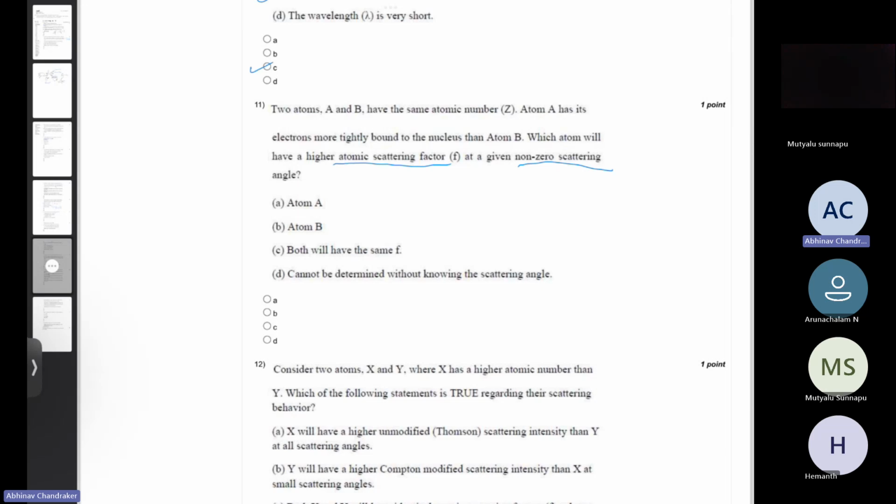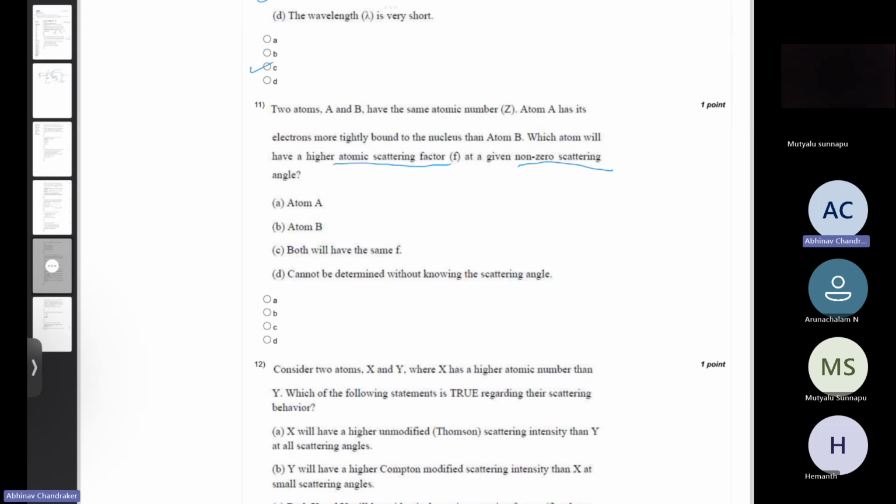So we know that the atomic scattering factor is related to the phase difference that comes because of the path difference between the scattered beams from multiple different electrons.